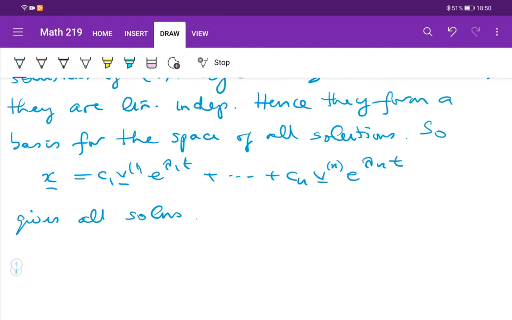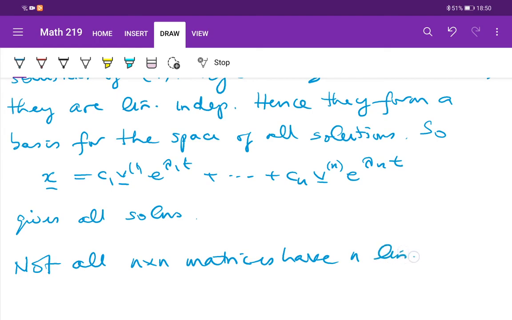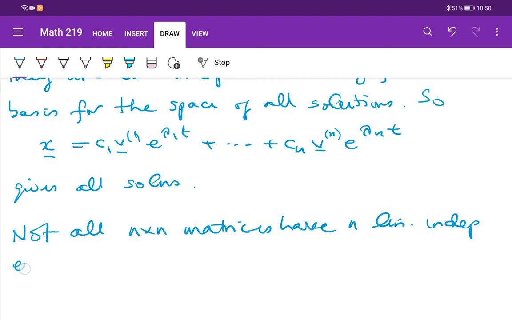So not all n by n matrices have n linearly independent eigenvectors. This is certainly not true.